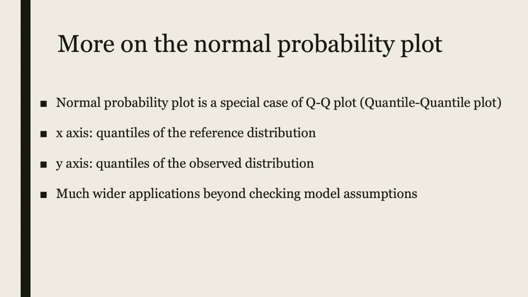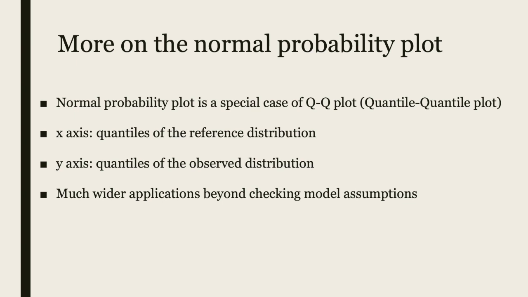So now let's reinforce our understanding about the normal probability plot with some simulated examples. Before that, I want to point out that the normal probability plot is a special case of a family of plots called QQ plot. QQ plot is the abbreviation of quantile-quantile plot. And as its name suggests, the x-axis and the y-axis of the plot correspond to the quantiles of a reference distribution and the quantiles of your dataset, respectively.